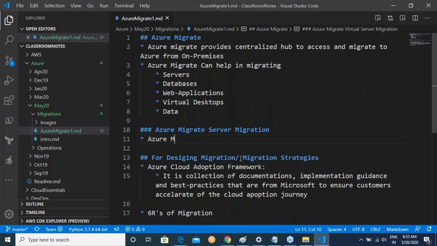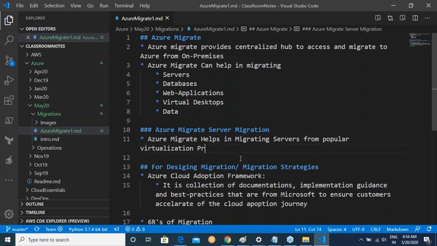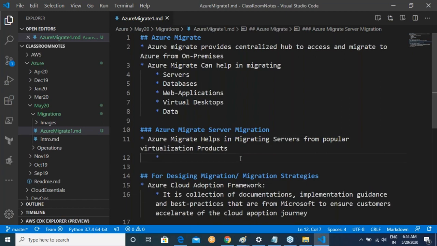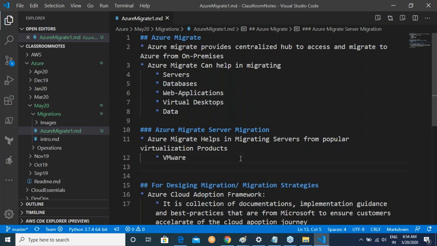Azure Migrate helps in migrating servers from popular virtualization products. The first product is VMware. The second one is Hyper-V.